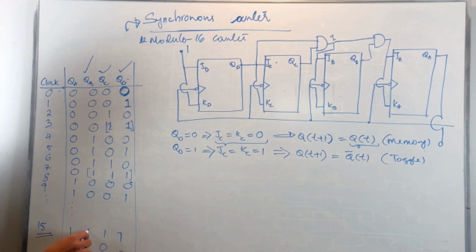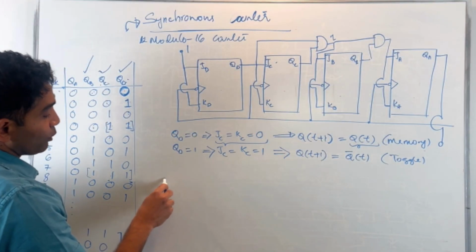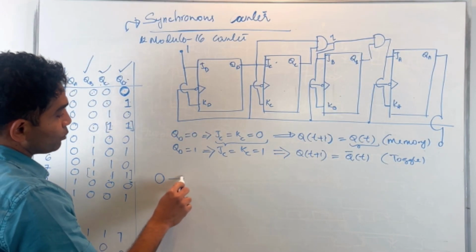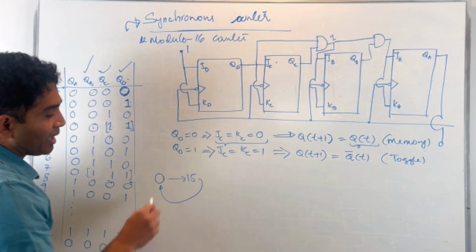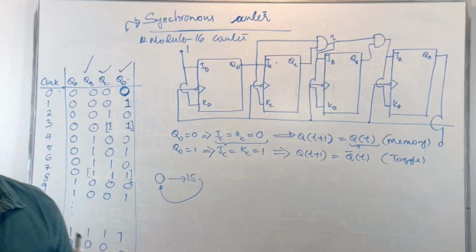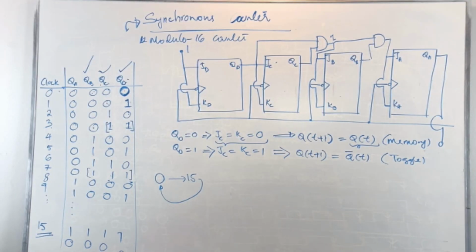Both are 1s, that means this gets toggled. All 3 of these are 1s, that means this gets toggled. So it automatically goes to 0. So in other words, if you don't do anything, this counter goes from 0 to 15, back to 0, and so on and so forth. Okay, so it's an up counter.